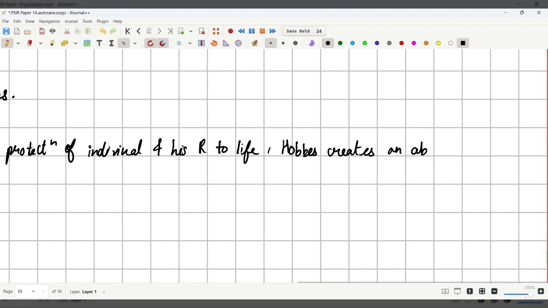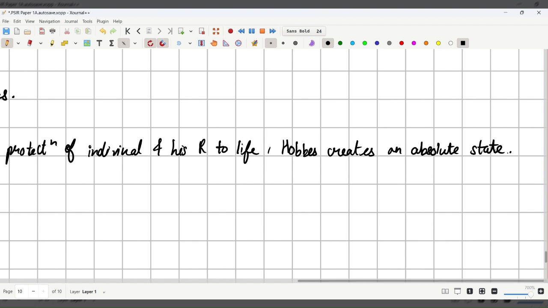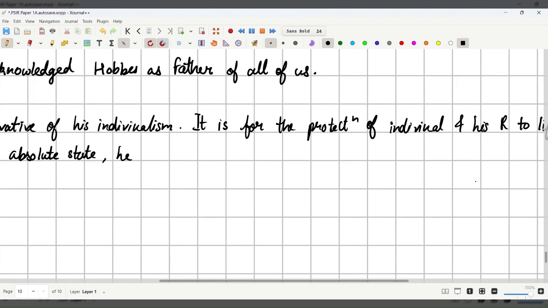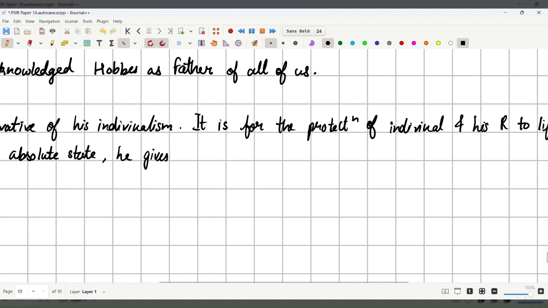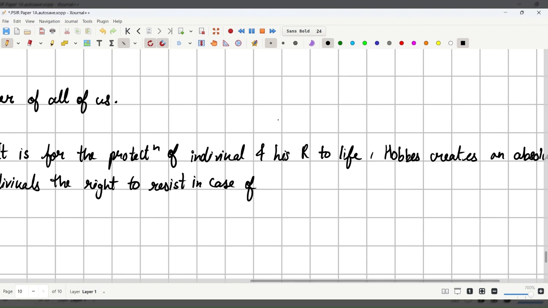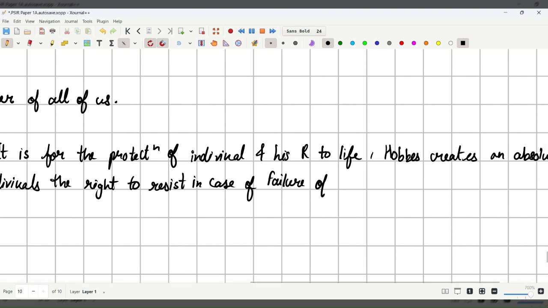Okay, even when he creates an absolute state, he still gives individuals the right to protest or the right to resist in case of failure of the social contract.